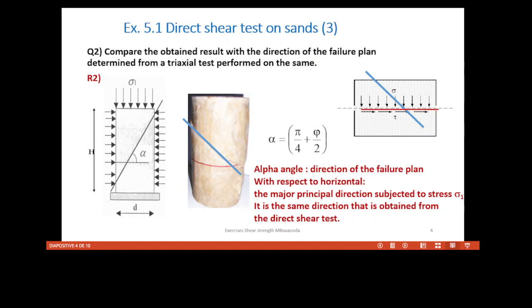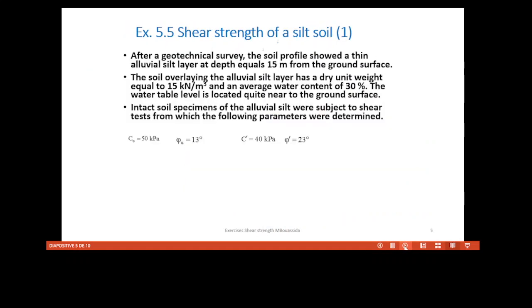So this ends the first exercise. The second exercise deals with the shear strength of silt soil. After a geotechnical survey, the soil profile shows an alluvial silt layer at a depth of 15 meters from the ground surface.